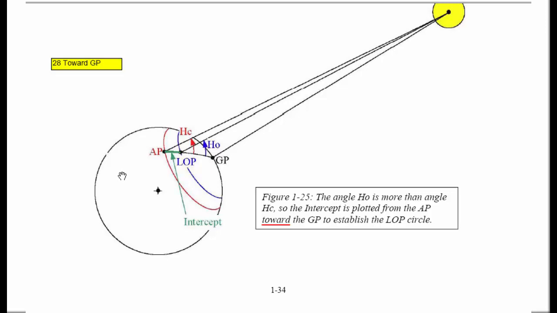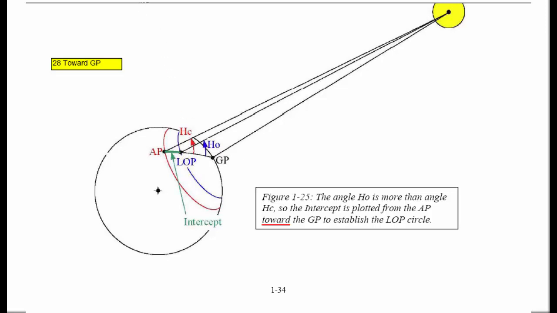Now, HO, in this case, is more than HC. HO, the LOP, is closer to the GP, so this angle is greater than the HC angle. Therefore, the intercept will go from the AP toward the GP to the LOP.